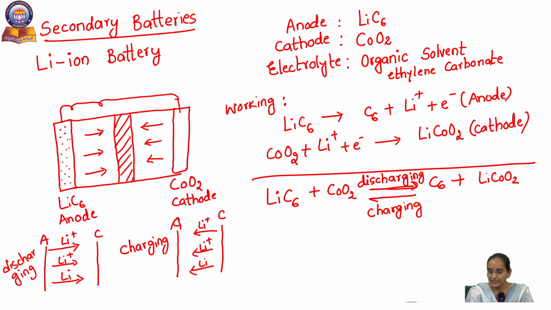That means during discharging, if you connect this battery to your phone or a toy, the lithiated graphite rod reacts with cobalt oxide and gives graphite rod and lithium cobalt oxide. After we consume the energy from the battery, we recharge it by supplying external energy. During this, lithium cobalt oxide reacts with graphite and gives cobalt oxide and lithiated graphite rod. Again, products convert to reactants, and during discharging, reactants convert to products.